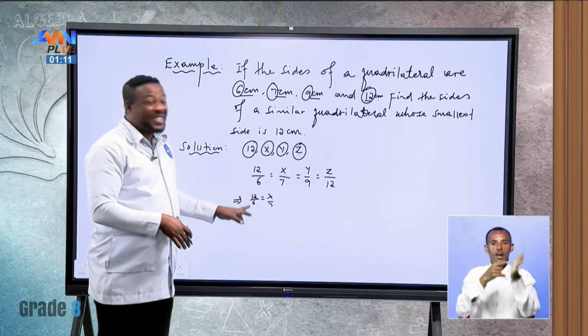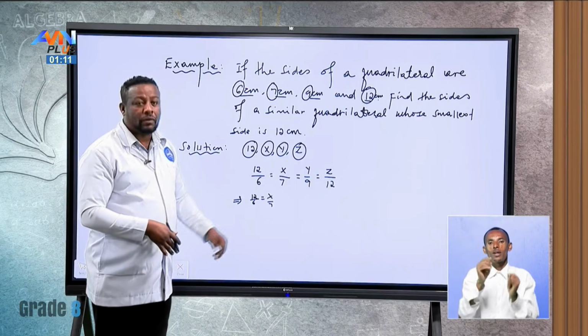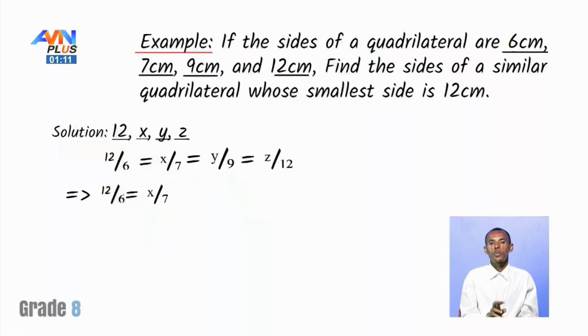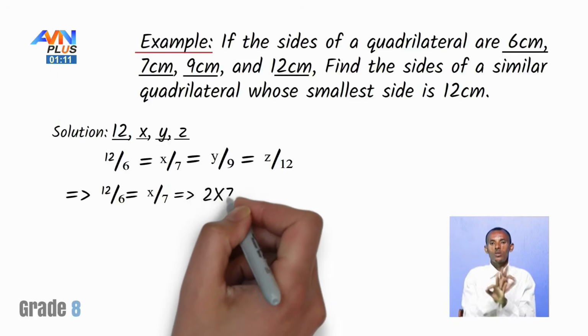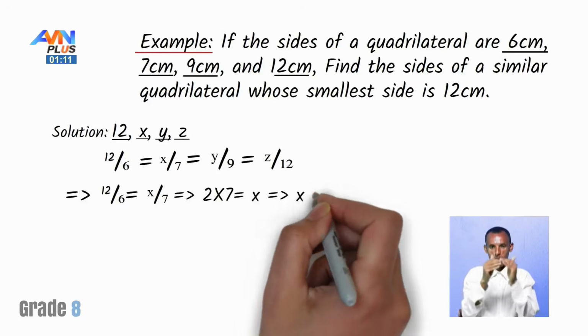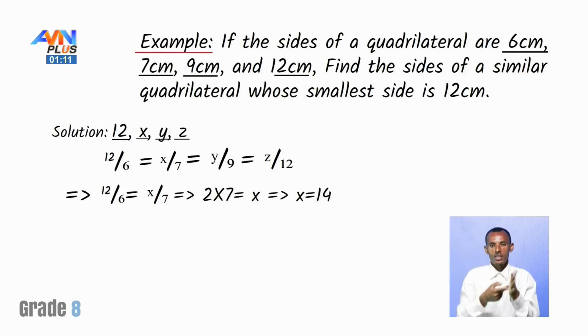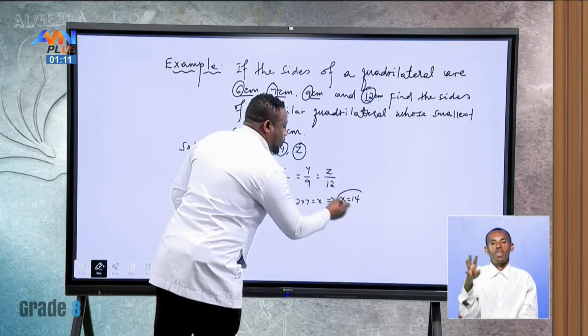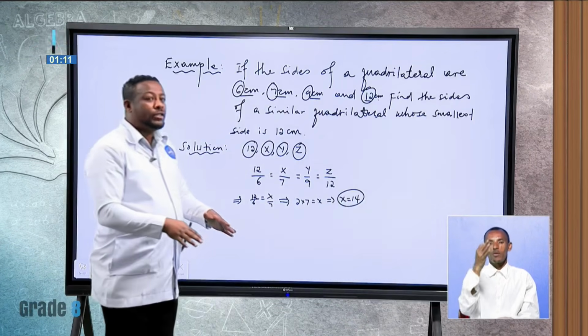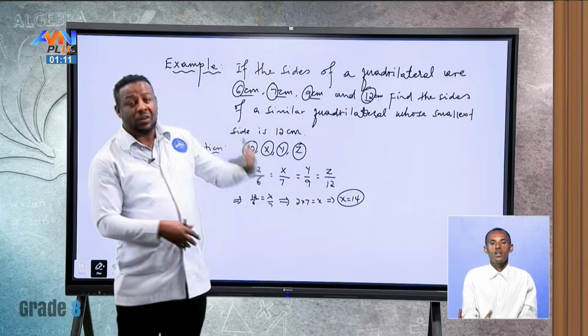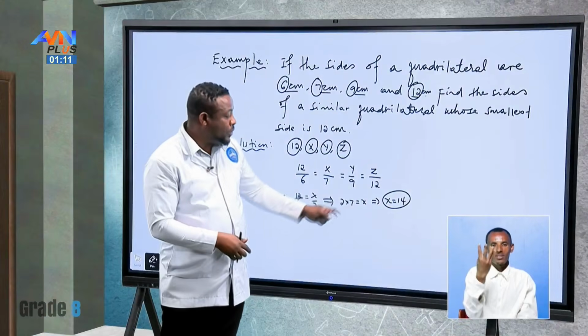Clearly 12 over 6 is 2. 2 is equal to x over 7. So crisscross it. So 2 times 7 is equal to x. This implies x becomes 14. Okay, so one of the unknown sides of the quadrilateral is known now.